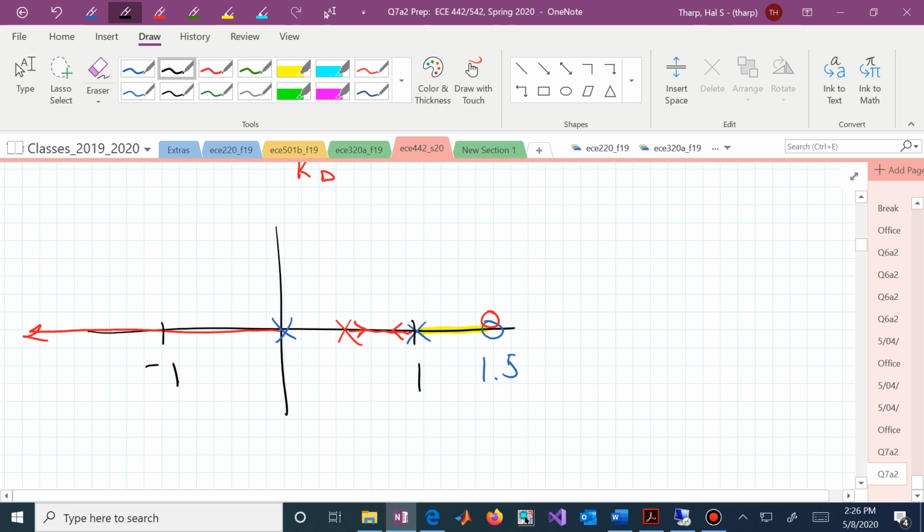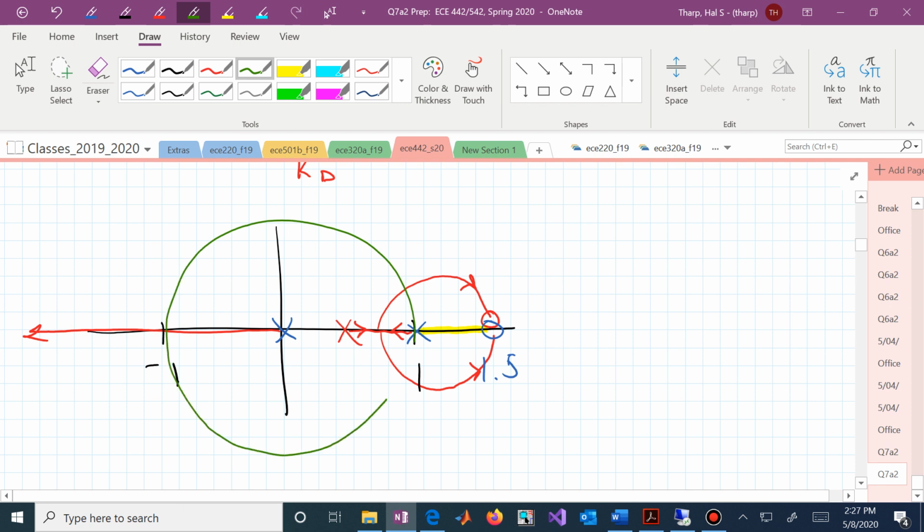Now, as long as we keep the gain small and don't crank up the gain so much that these 2 branches exit the unit circle, or this pole exits the unit circle, again, if we needed to, we don't need to for this problem.